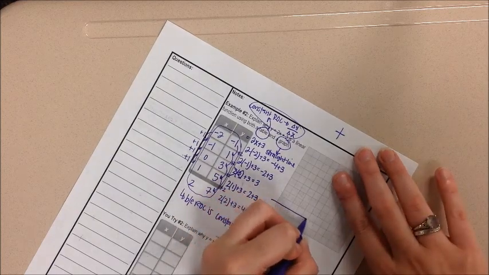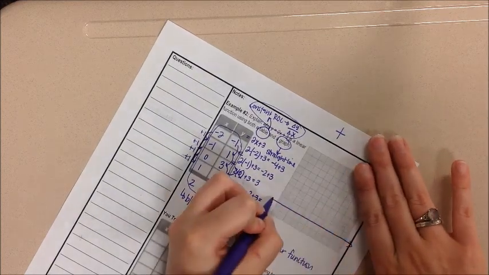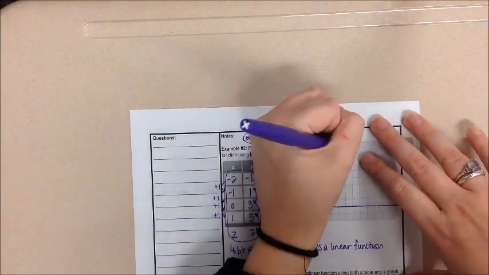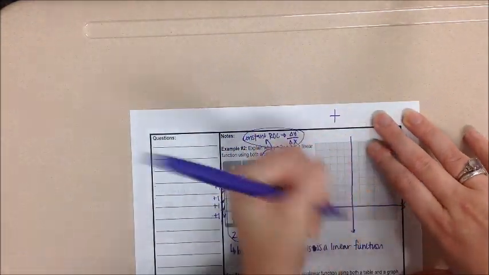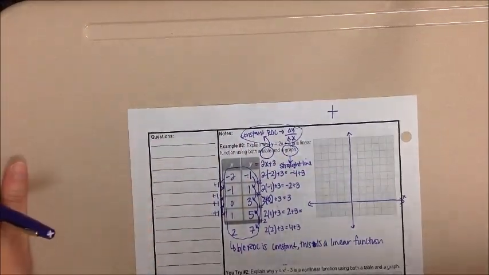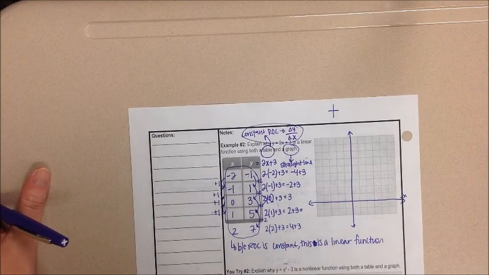So here's my x-axis, and then my y-axis is going to be here, which gives me plenty of room to graph all of my points.